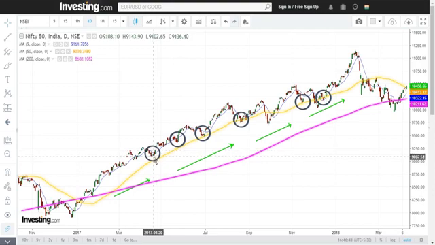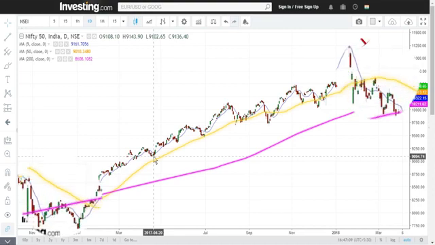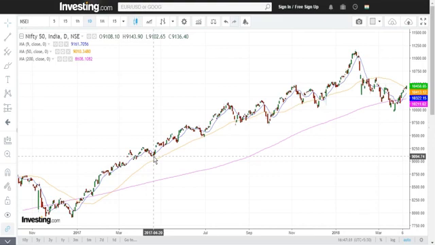That is why we are saying that if the medium term moving average is slanting upward, and the price comes close to that moving average and does not break it, then there is a possibility that the earlier upward move may resume. Similarly for the downward direction, if we are in a downtrend, the medium term moving average is moving down, and price comes close to the moving average, then it is a very good shorting opportunity. So this is another way a medium term moving average can be used.